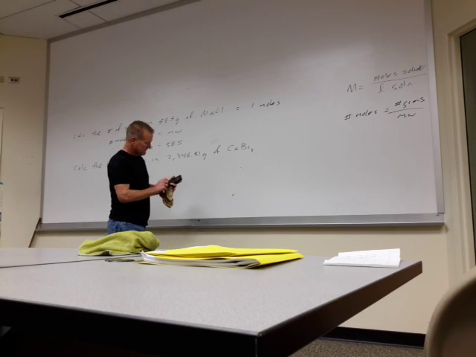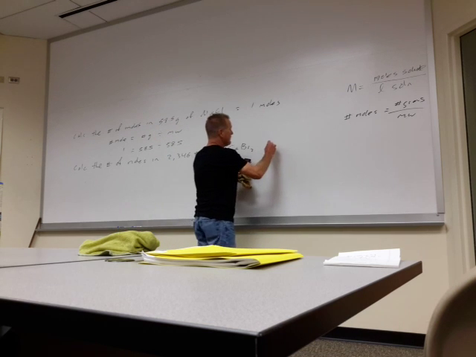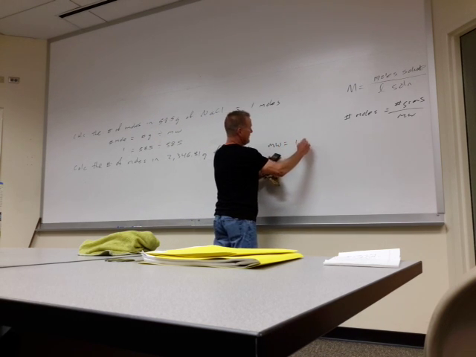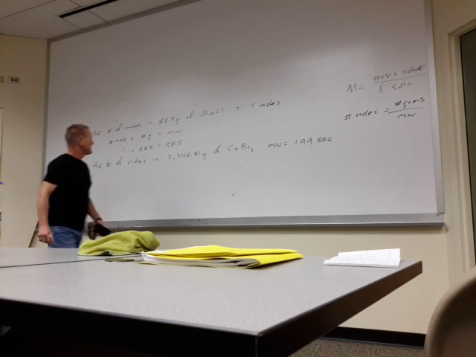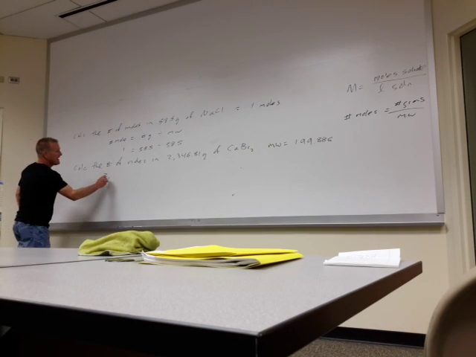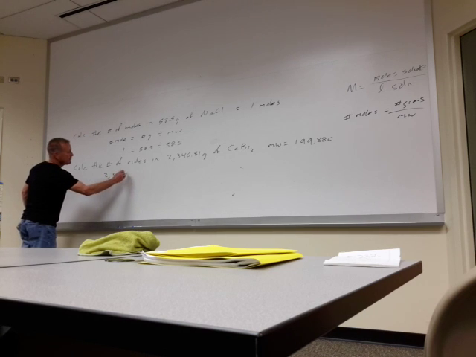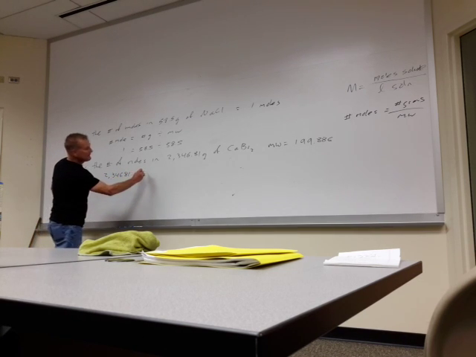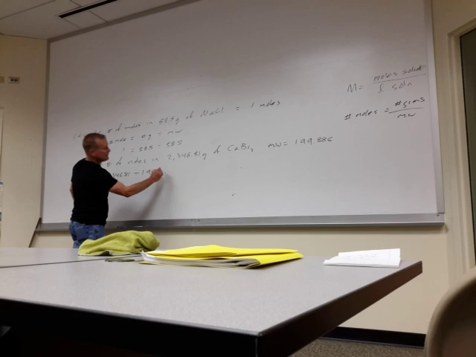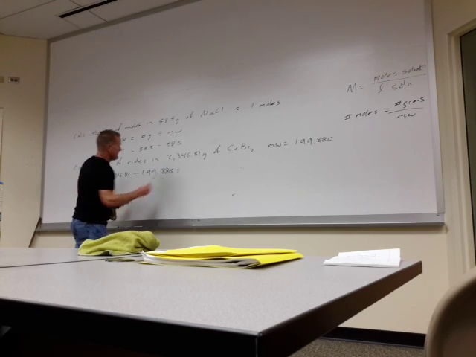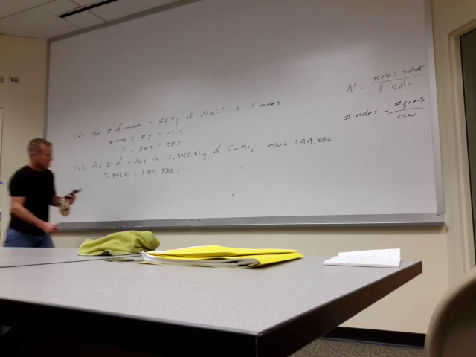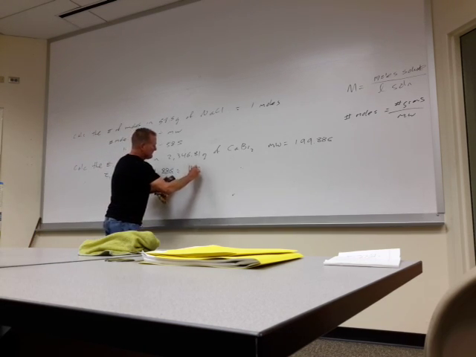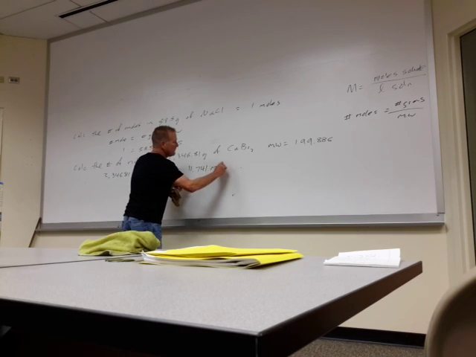So my molecular weight is 199.886. So 2,346.81 divided by 199.886, whatever that equals. 11.741 moles.